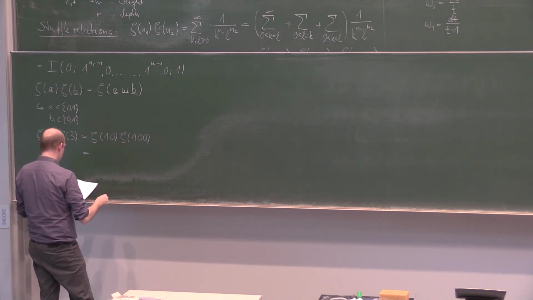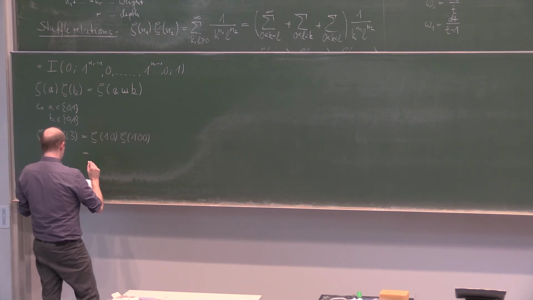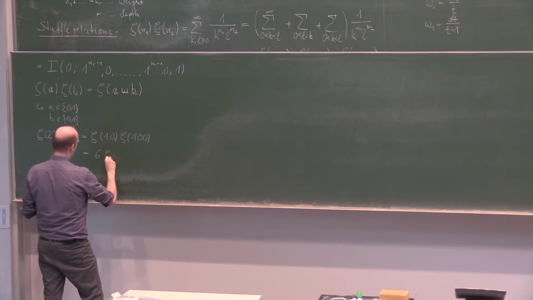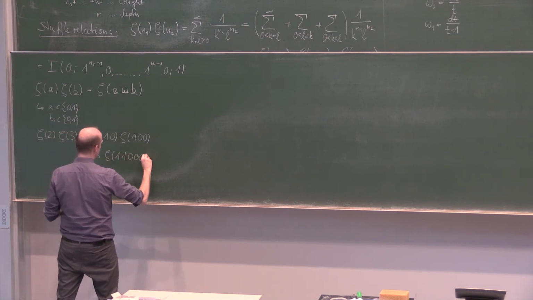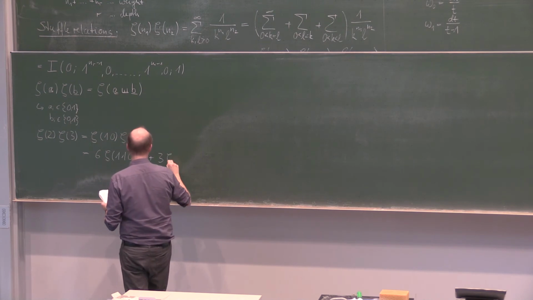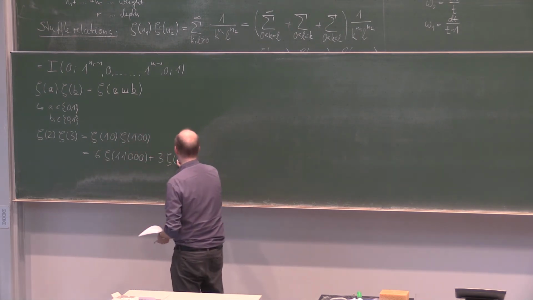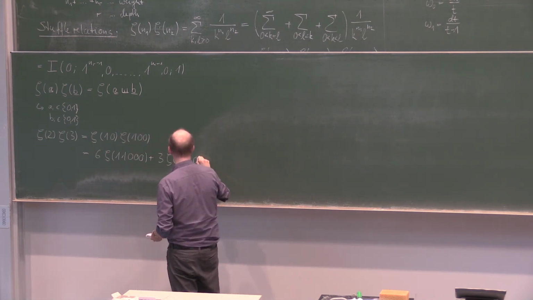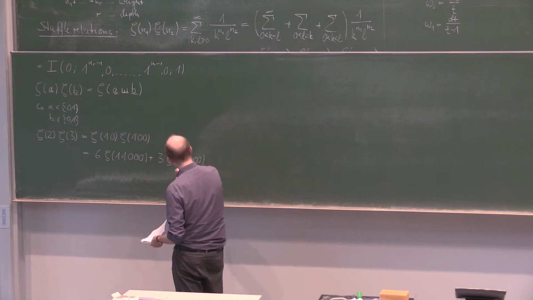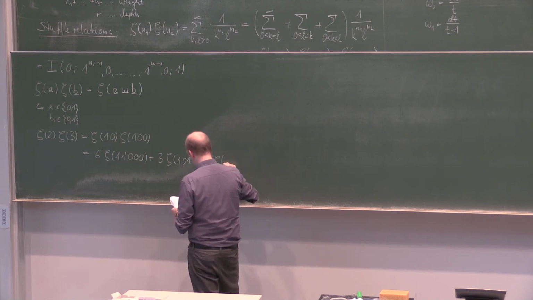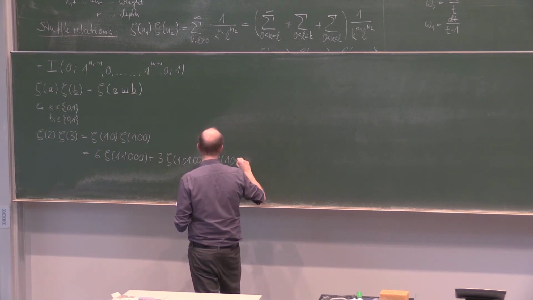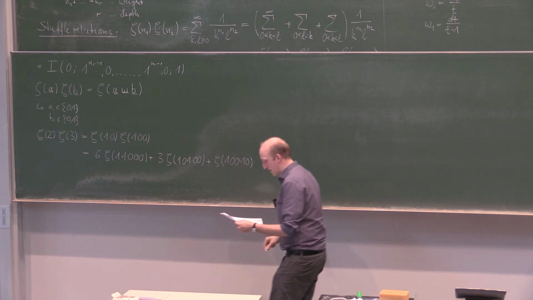So the result will be 6 times zeta of 1, 1, 0, 0, 0, plus 3 times zeta of 0, 1, 0, 0, 1, 0, 1, 0, 0, plus 1 zeta of 1, 0, 0, 1, 0.